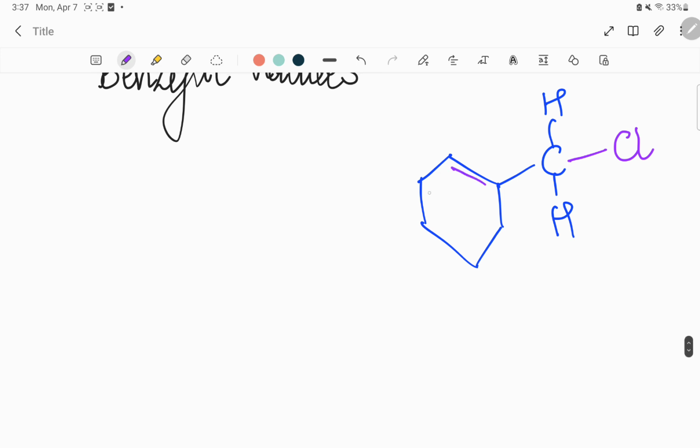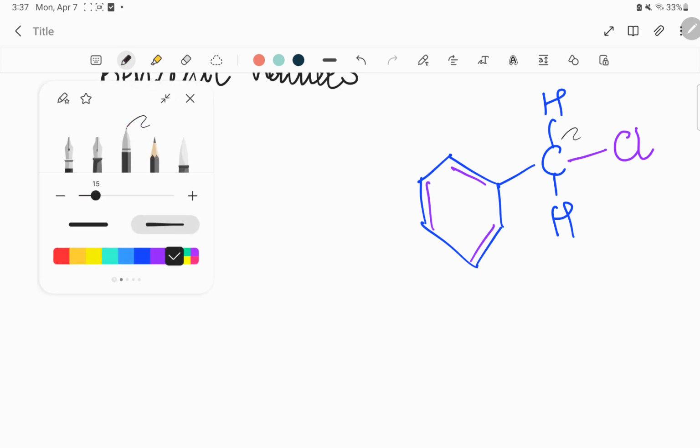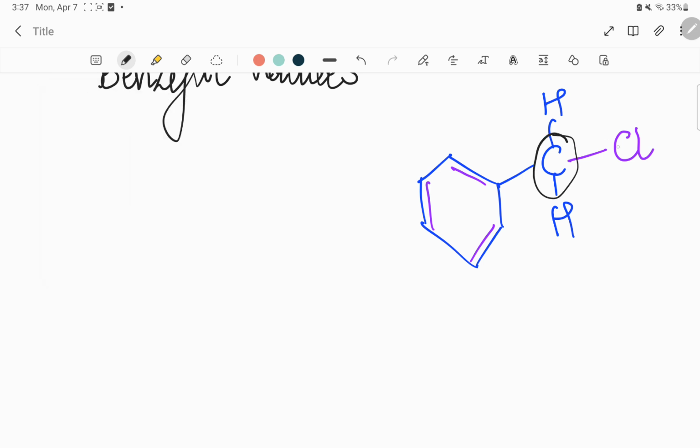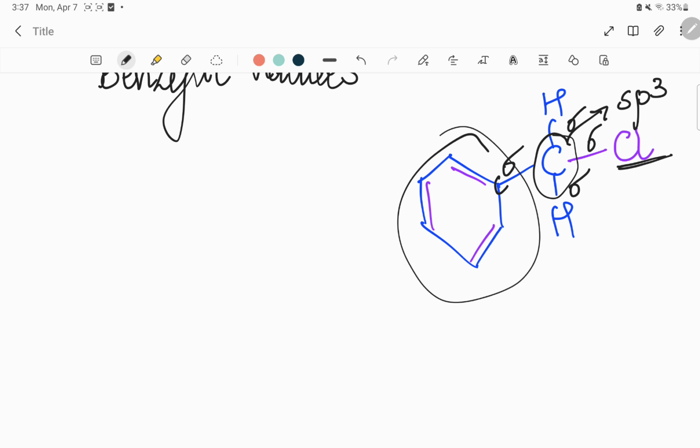If you see, there is a benzene ring, and this benzene ring is directly attached to a carbon atom, and this carbon has a halogen attached to it. This carbon is still under sp3 hybridization. However, it is directly attached to an aromatic benzene ring.